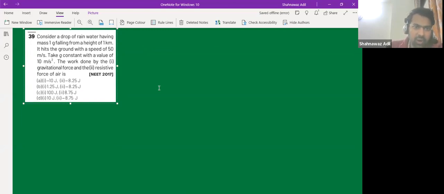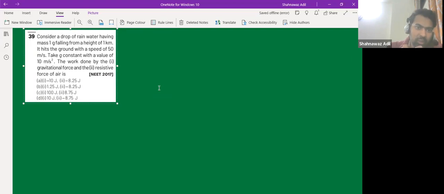Consider a drop of rain water having mass 1 gram falling from a height of 1 kilometer. It hits the ground with a speed of 50 meter per second, taking g constant with a value of 10 meter per second square.